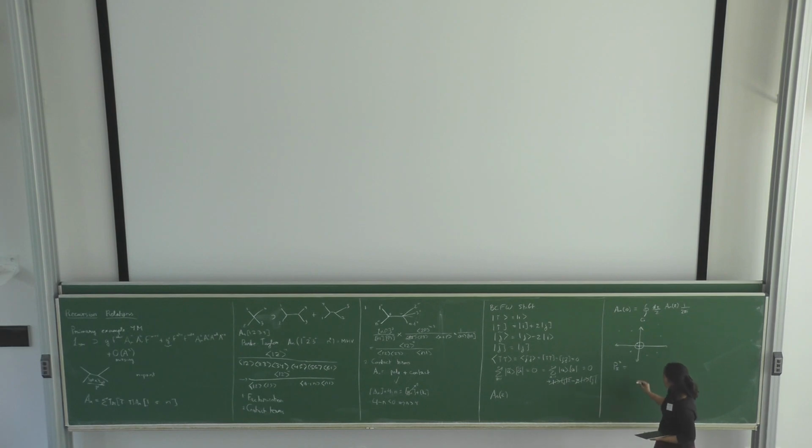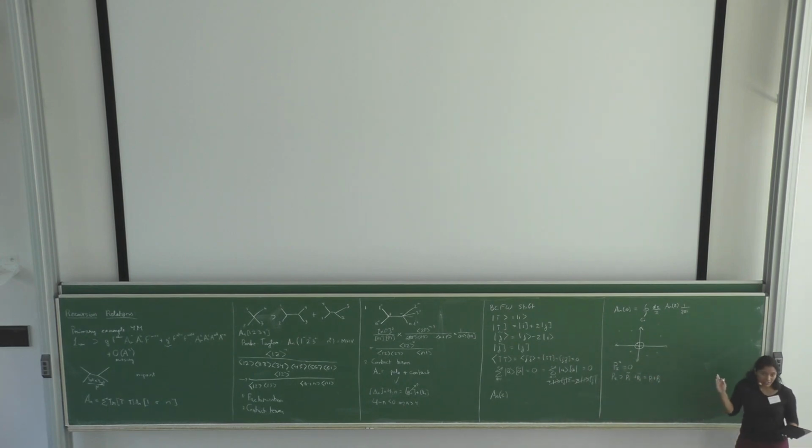This is the type of pole that we're interested in investigating. But you'll notice that if P_i contains p_i and p_j, then this adds up to something that doesn't depend on z. So when both i and j are on the same side of the factorization channel, I'm not going to get a pole of any kind in this A_n of z.